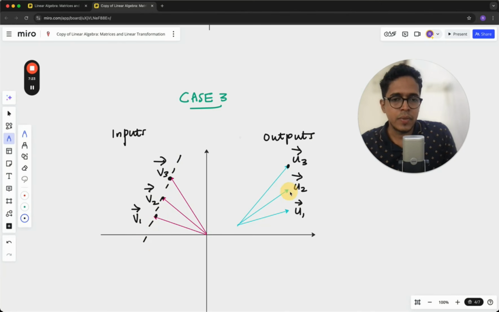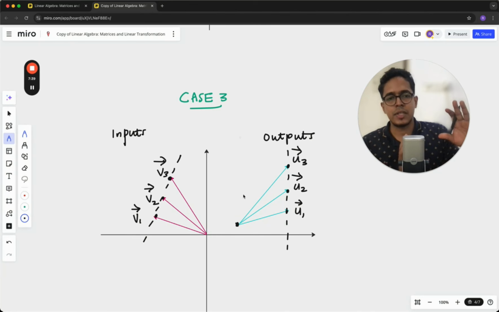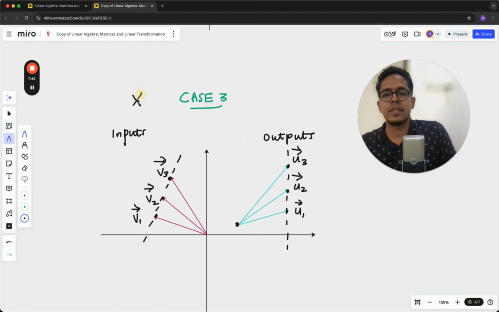The tips of the output vectors are also in a straight line. However, this is not a linear transformation because the tails of these vectors are now no more at the origin. So the origin has sort of shifted from 0, 0 to something else.